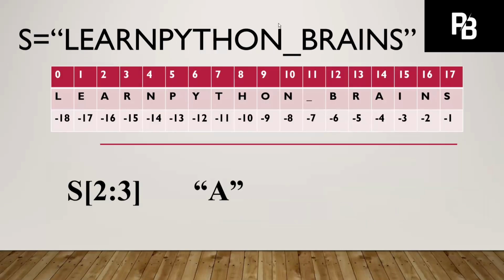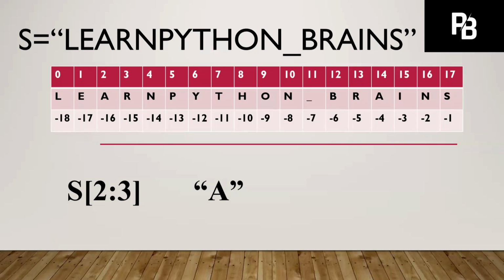Next, the same string, and my question is s[2:3]. In this, the start value is 2 and the ending value is 3, but the step value is not there, so by default the step value is 1.